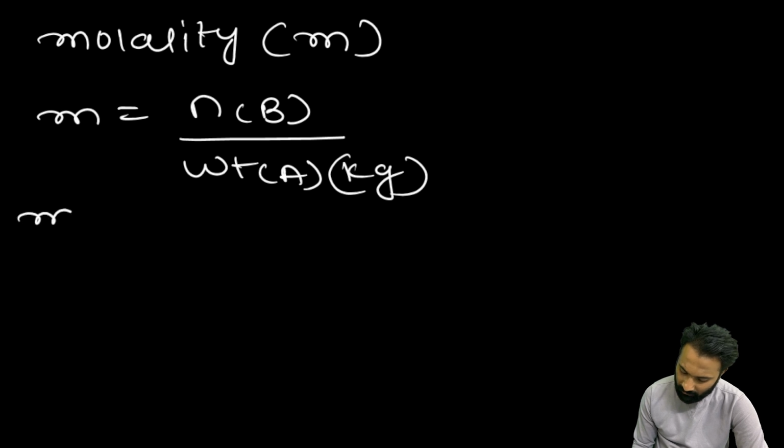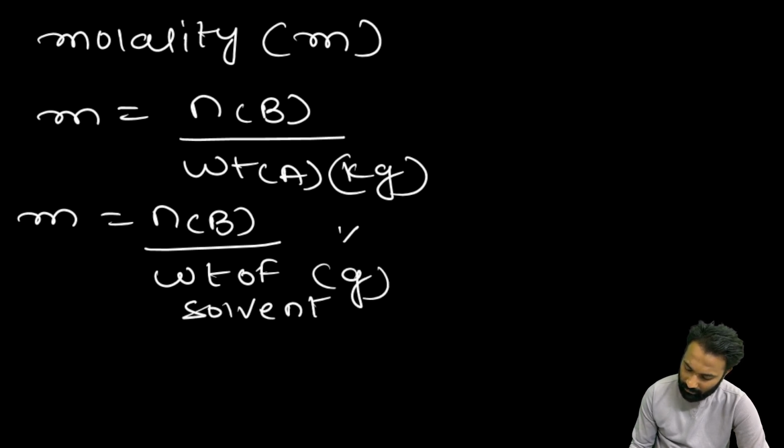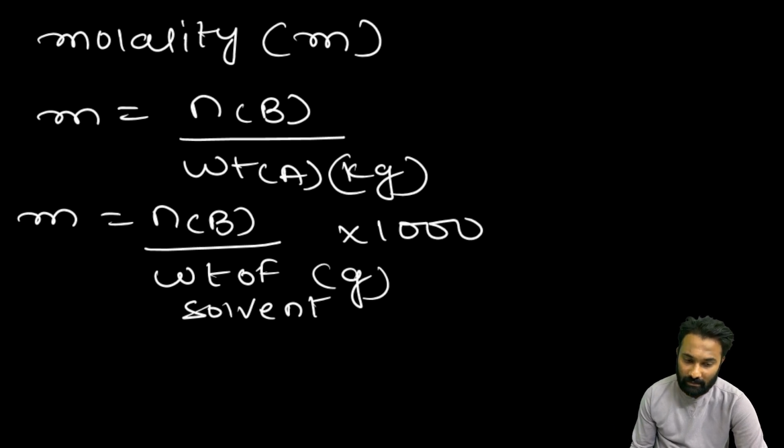This I want to convert into gram. So number of moles of solute by weight of solvent in gram into 1000. Clear? Now, can I expand this formula?